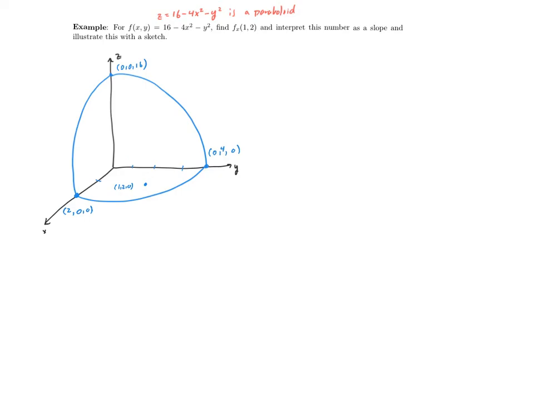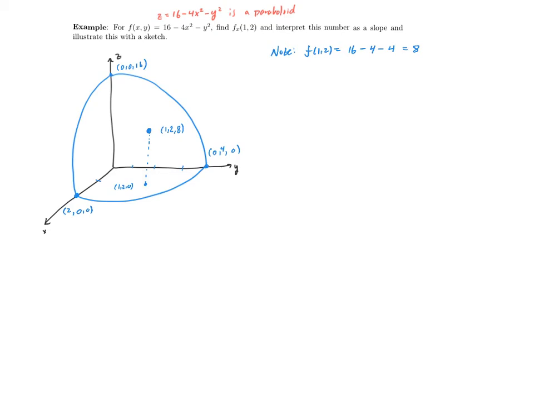And at (1, 2, 0), we can trace up to a point on our surface. And if x and y are 1 and 2 respectively, then our output is 8. So to the side here, I'll just note, so there's no confusion, f of (1, 2) is 16 minus 4 minus 4, which is 8.